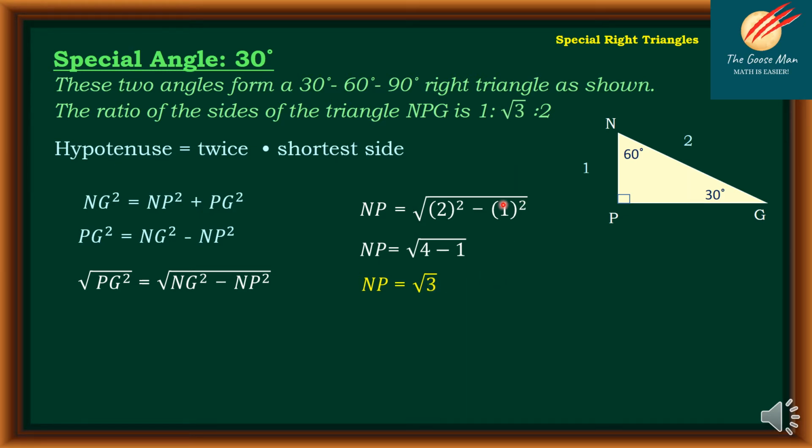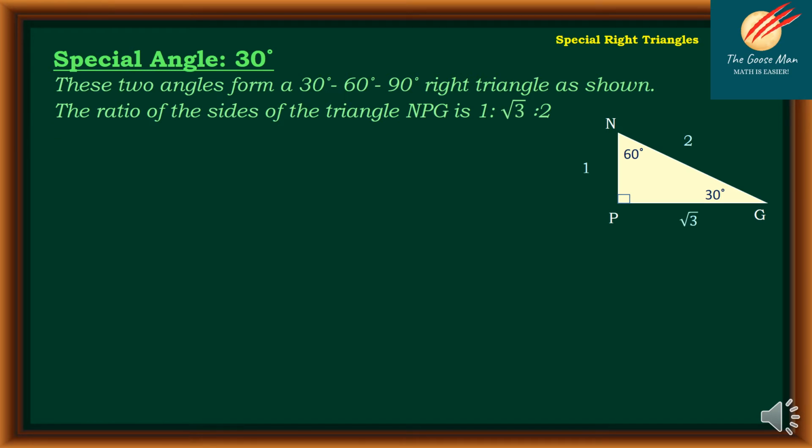Therefore, the ratio of the sides of the triangle NPG is 1 is to square root of 3 is to 2.